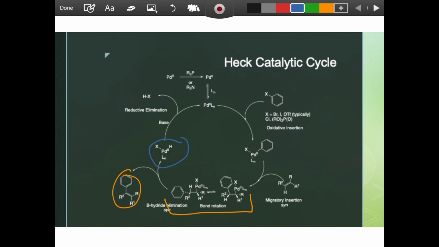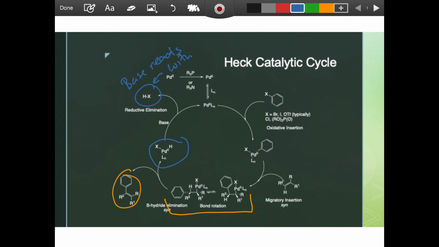Do a reductive elimination, either facilitated by the base or just the base being there to react with the acid that you generate here, right? Because you can't have a whole bunch of acid building up, as it could react with your double bond, and it could also react with your palladium and put your palladium in the wrong oxidation state, right?